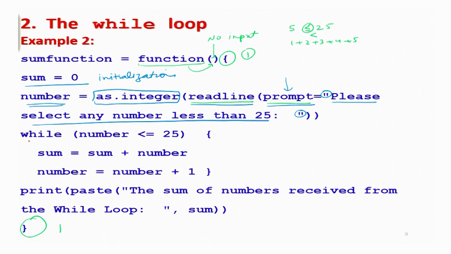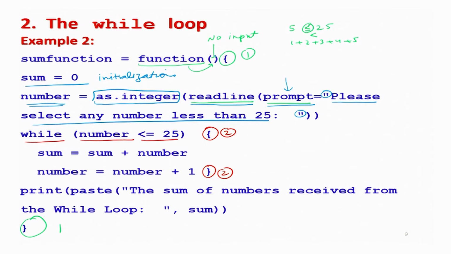After this I write down the conditions I want to execute under the while loop. So, I write while, and I give a condition that as long as the number is less than or equal to 25, then execute these statements. What are those statements? They are written inside curly bracket number 2.